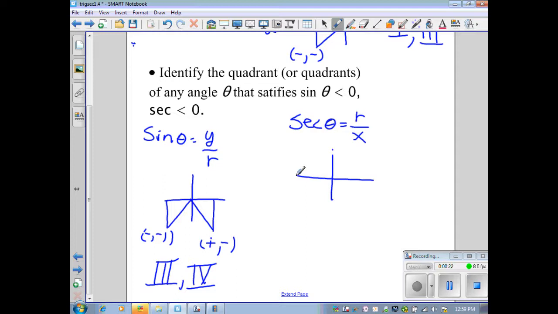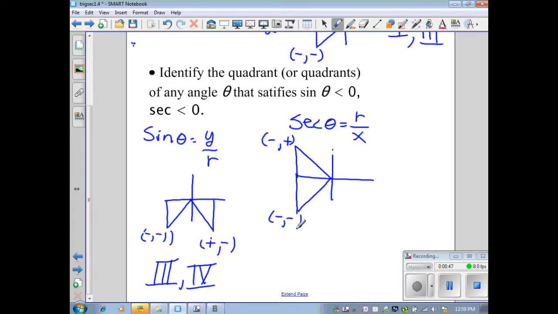That will represent quadrants that have secant theta less than 0. Those two quadrants are going to be quadrant 2, where my x value is negative and my y value is positive, and quadrant 3, where my x value is negative and my y value is negative.